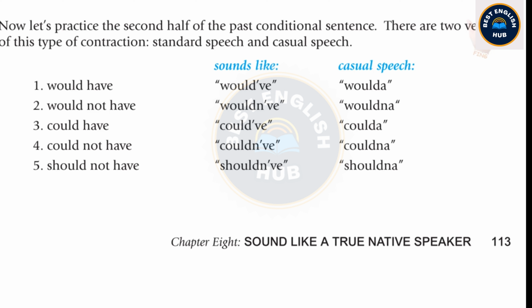Now, let's practice the second half of the past conditional sentence. You will hear two versions of this type of contraction. First, the standard speech, and then the casual speech. Would have sounds like would've, or in casual speech, woulda.